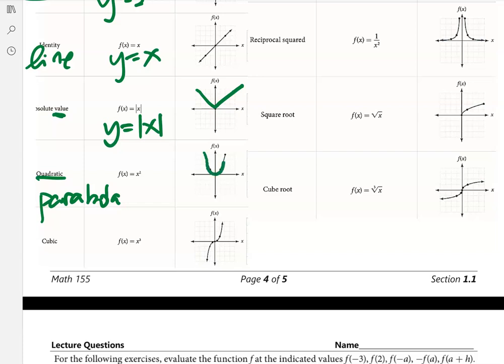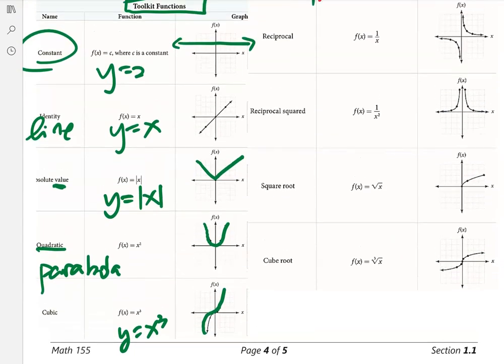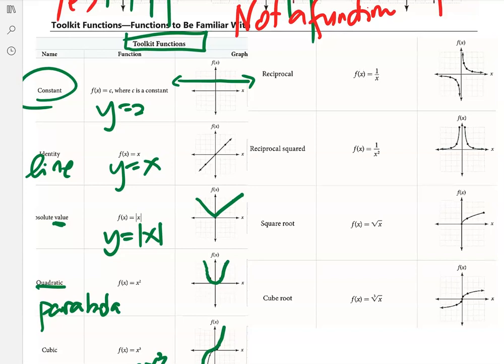So this is your parabola. And then cubic, y equals x cubed, and this is the shape. Then you have the reciprocal, 1 over x, and this is the shape.